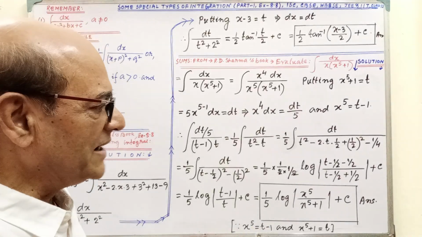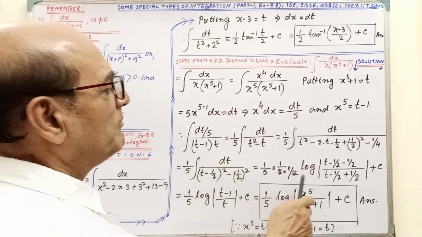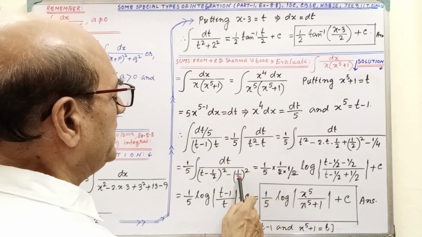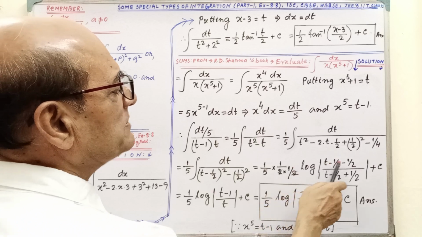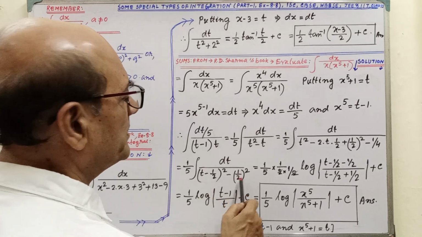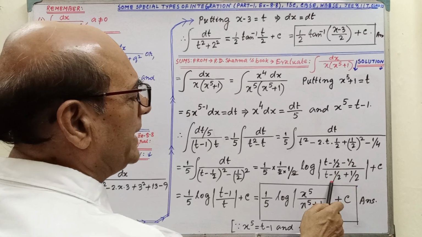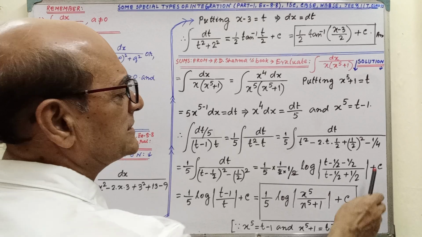You must observe that video, standard form of integration. And by applying the formula, that is 1 by 2a, in place of a, here is half, so 2 into half, log of x minus a by x plus a, that is t minus half over t plus half, plus c.